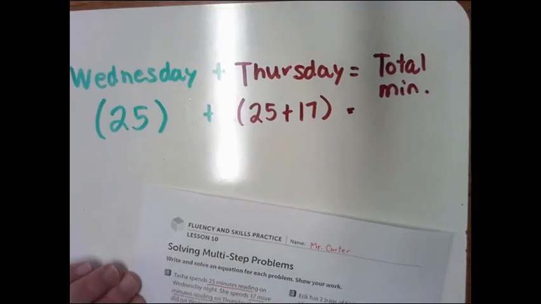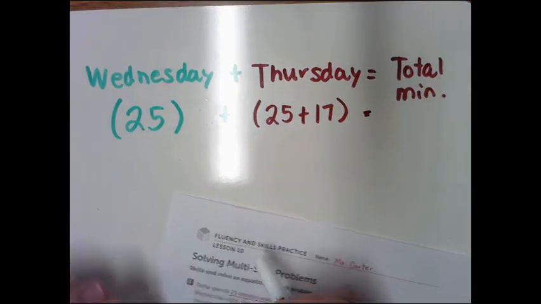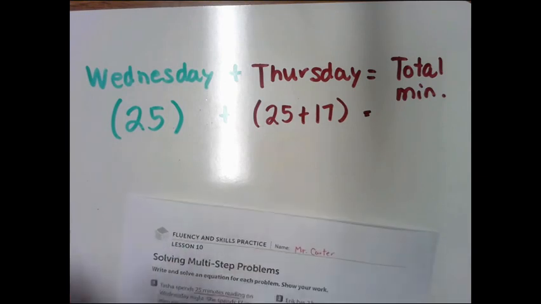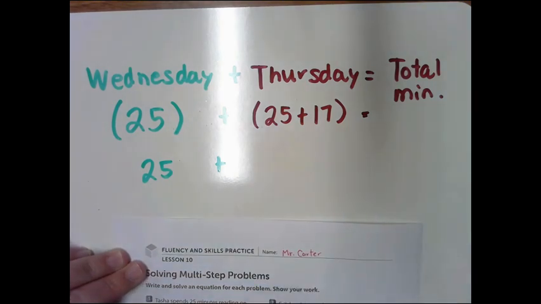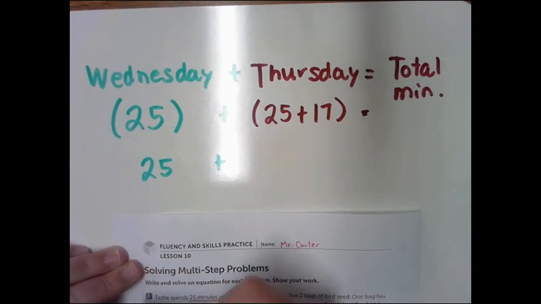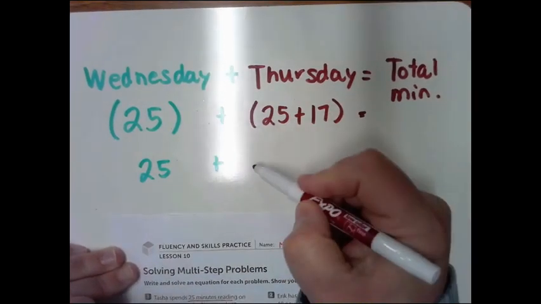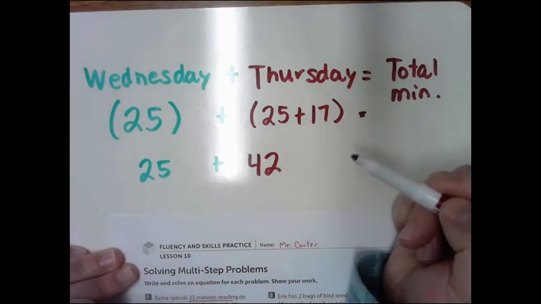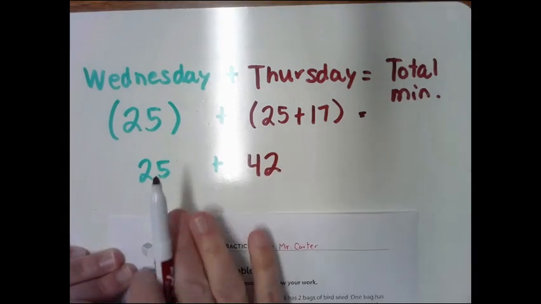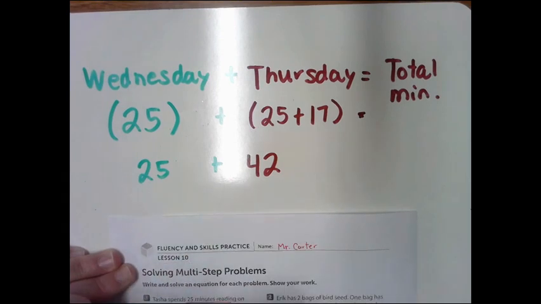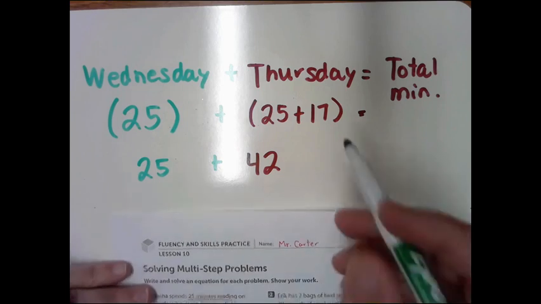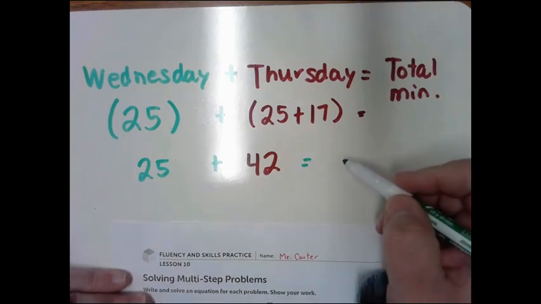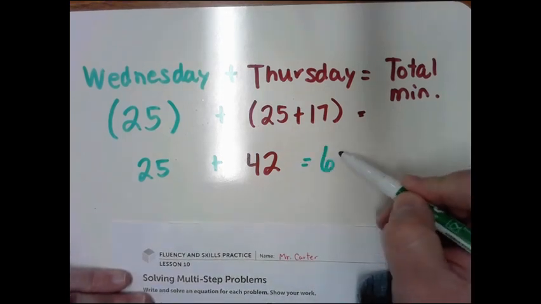So for Wednesday, we don't really need to do anything to figure that out here. It's just 25 minutes. Plus, if I take 25 and add it to 17, I'm going to get 42 minutes total. And then when we add 25 plus 42 together, we get 67.